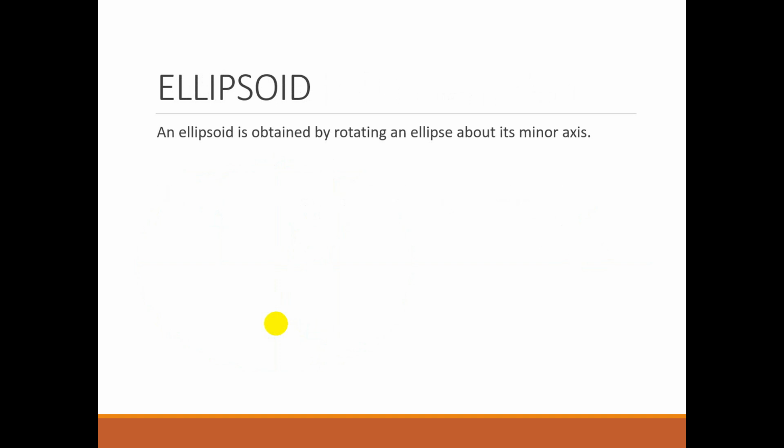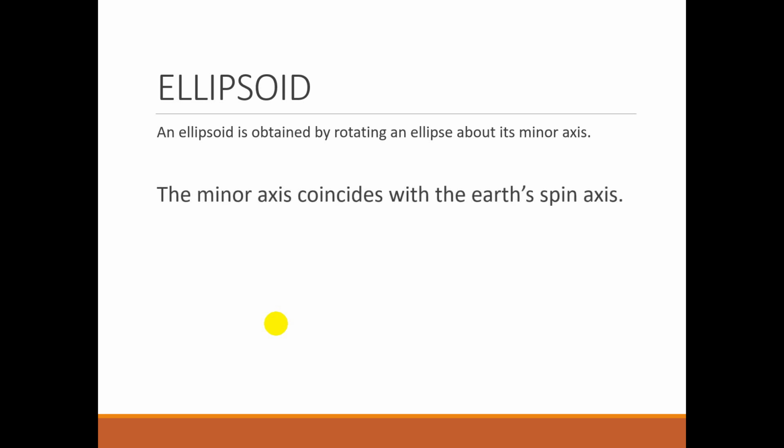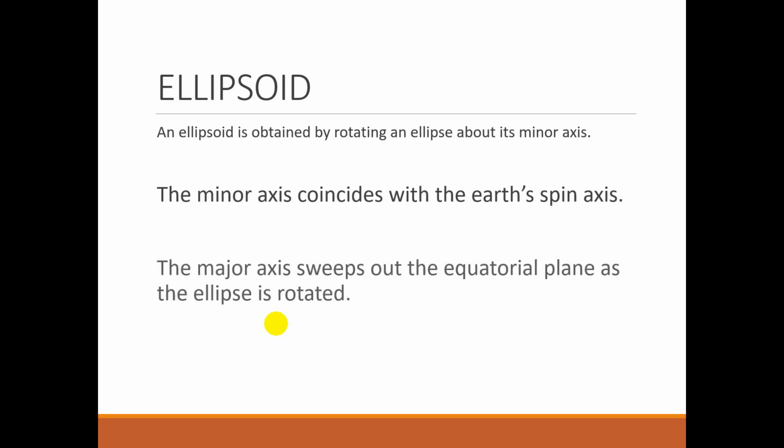So here are the additional notes for ellipsoid. An ellipsoid is obtained by rotating an ellipse about its minor axis. The minor axis coincides with the Earth's spin axis, and the major axis sweeps out the equatorial plane as the ellipse is rotated.